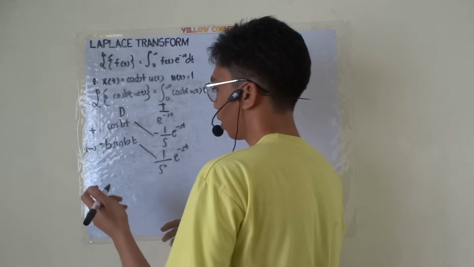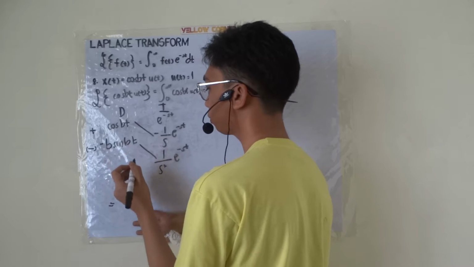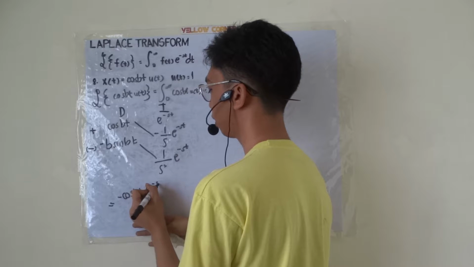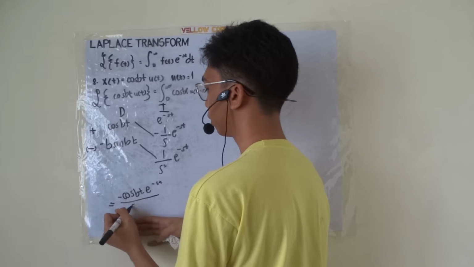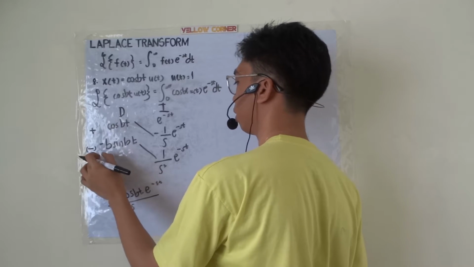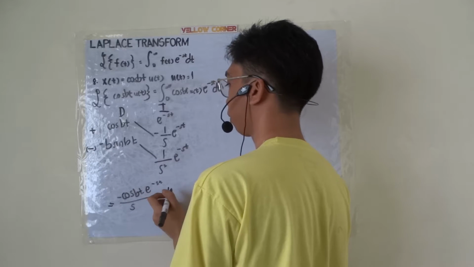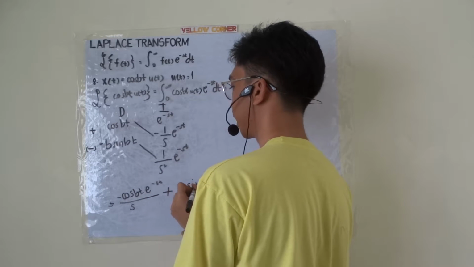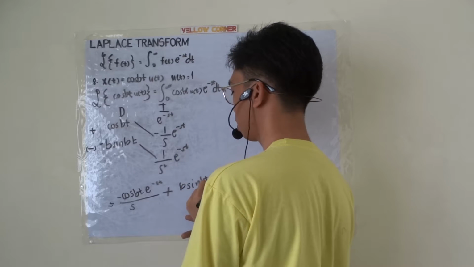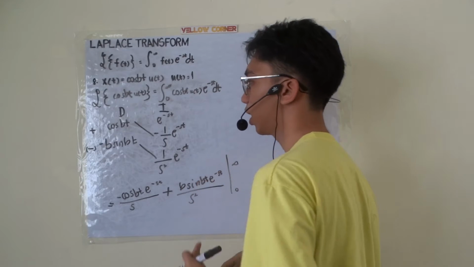So we'll be having negative cosine bt e raised to negative st over s, and since we have a double negative, or it has both negative, we'll have positive b sine bt e raised to negative st over s squared, having the limits of 0 to positive infinity.